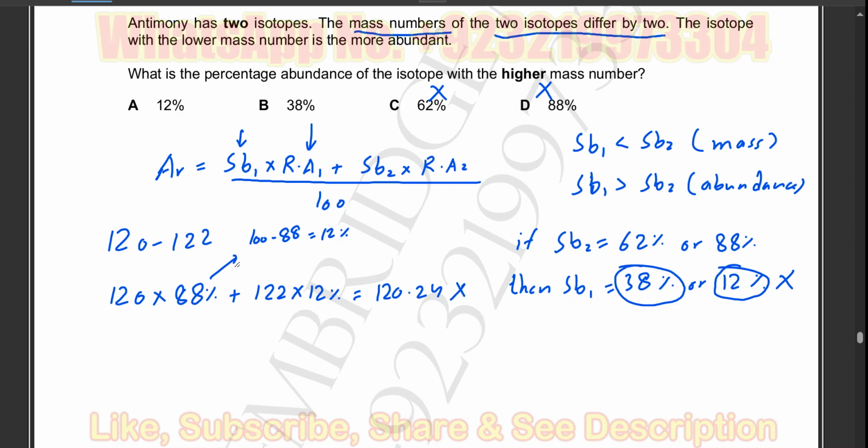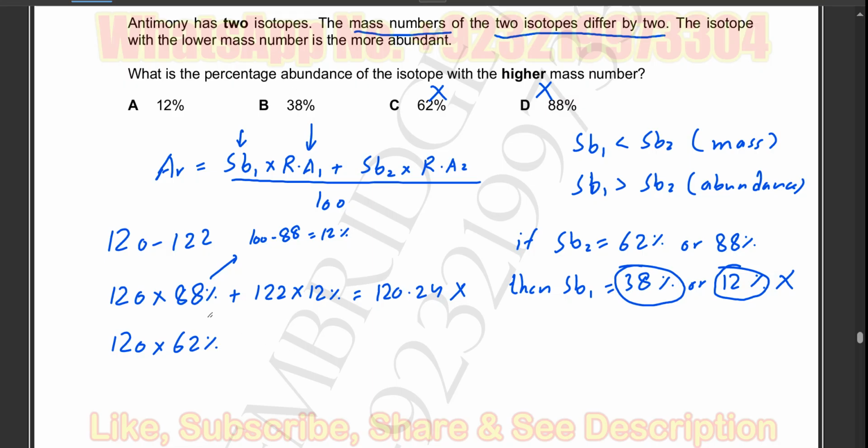Now I'm going to change the percentage value of the lower isotope. In this case, I will select the lower isotope with 62%. 120 times 62%. Why 62%? Because I will select 38% for the heavier isotope.